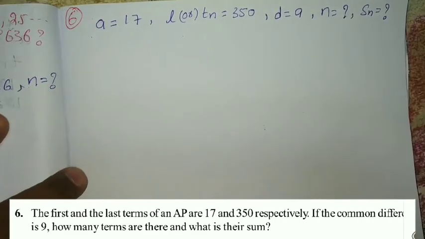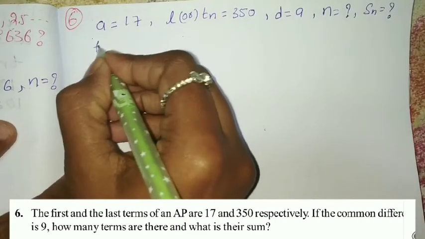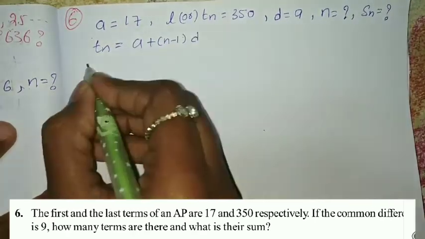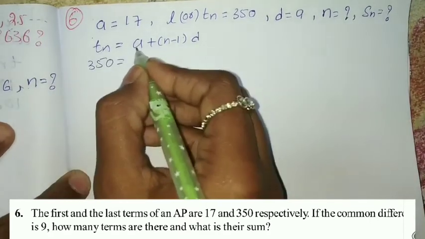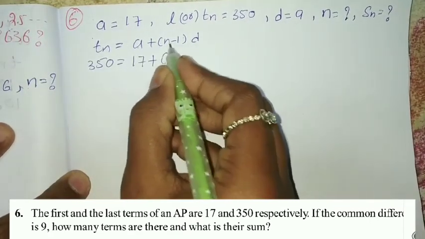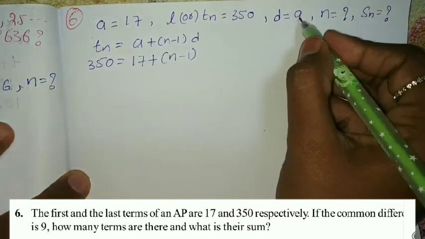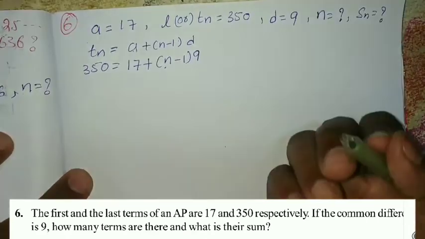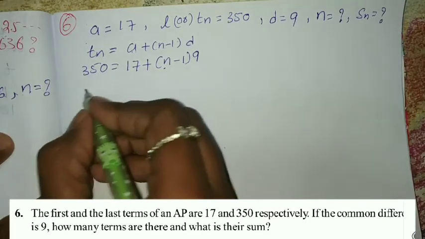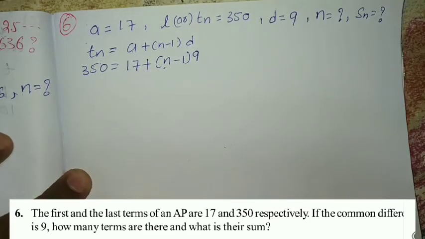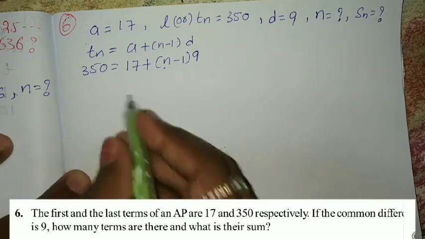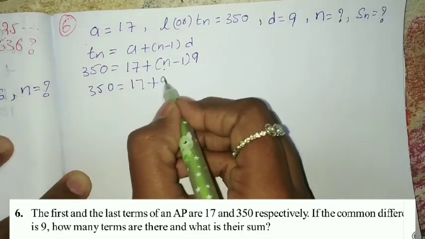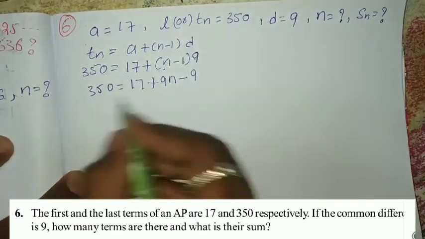So let's start. What is the formula of the nth term? The nth term is a plus n minus 1 into d. So 350 is equal to a, 17, plus n minus 1, which we need to find, into d, which is 9. So easily you can find the number of terms. 350 is equal to 17 plus 9 into n minus 9 ones are 9, so 9n minus 9.